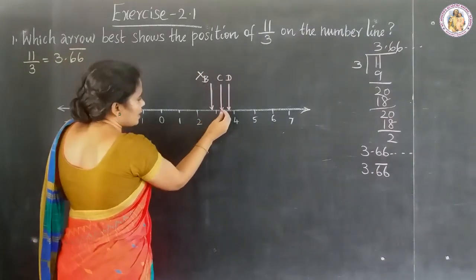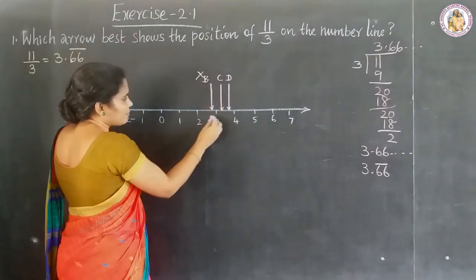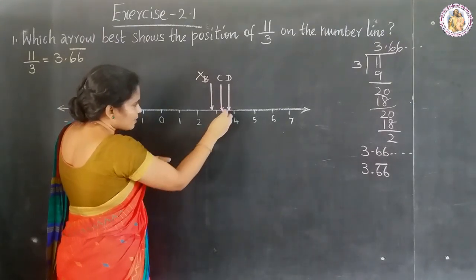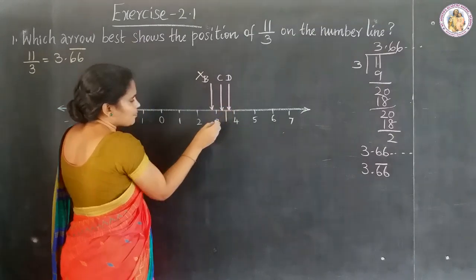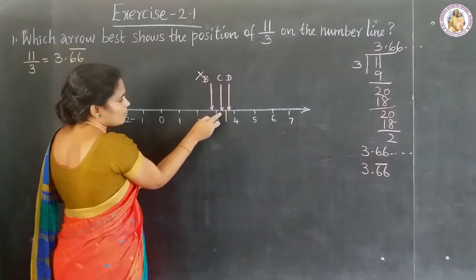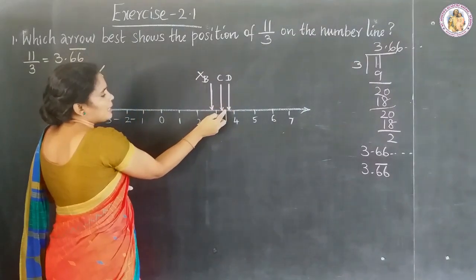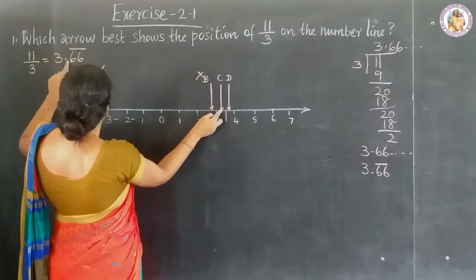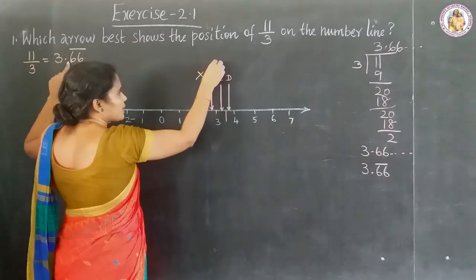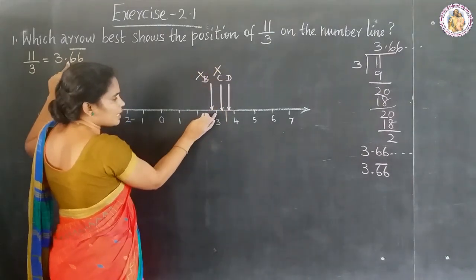Then C. C is less than 3.5. Now you can see easily. So between 3 and 4, the mid place is here. So here it is less than 3.5, but our number is greater than 3.5, that is 3.66. So again C also doesn't show the correct position.